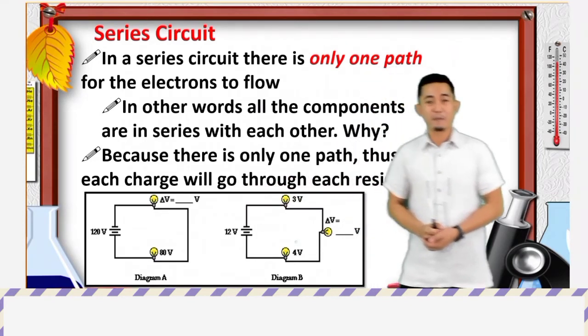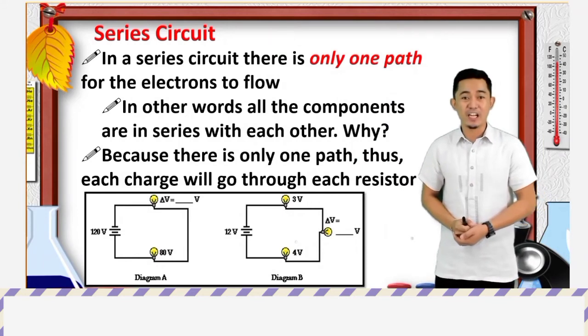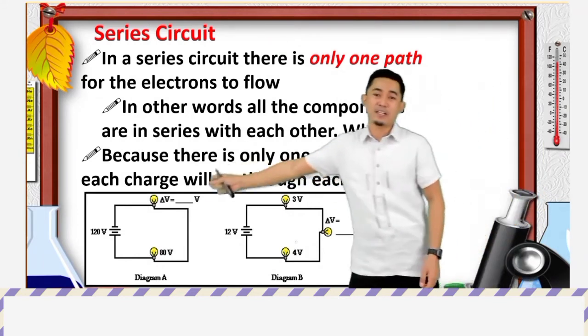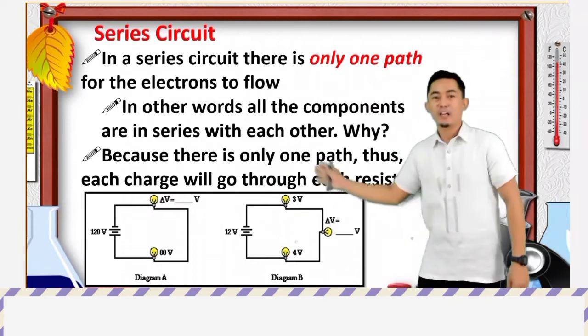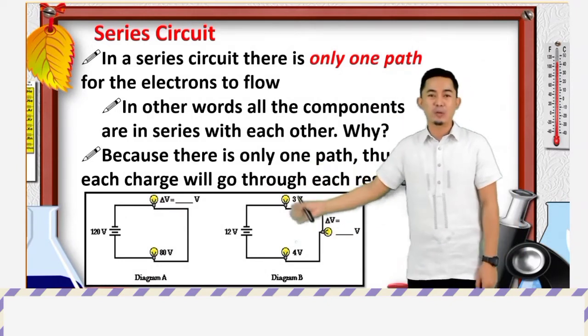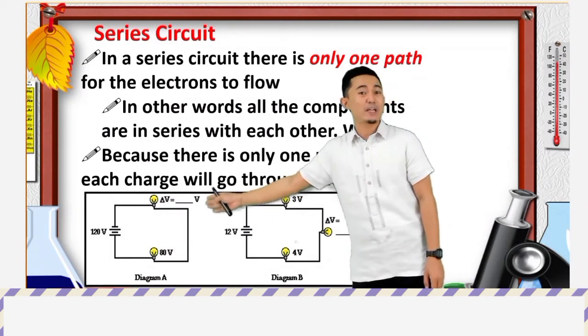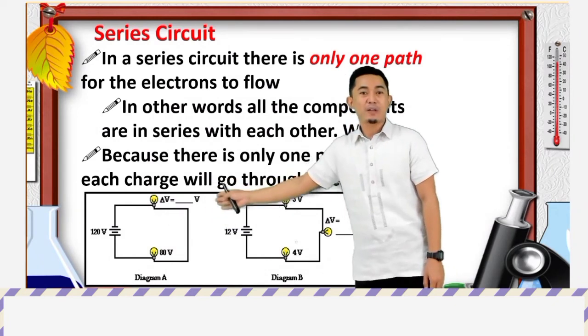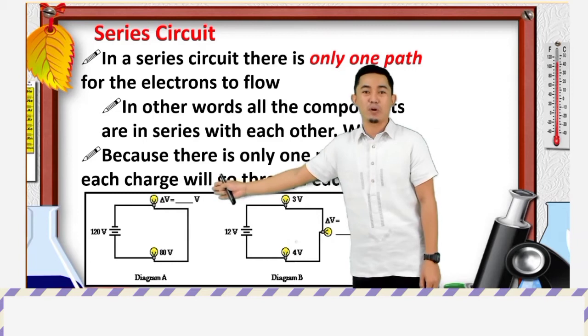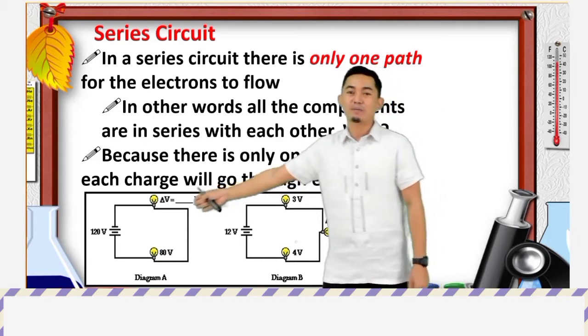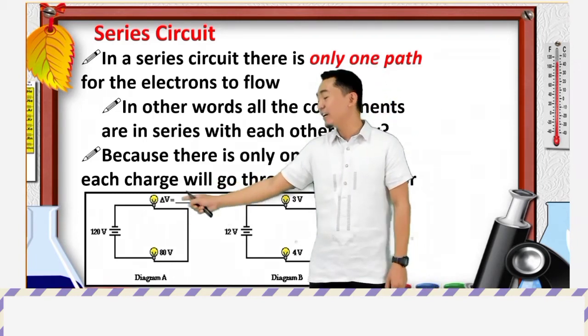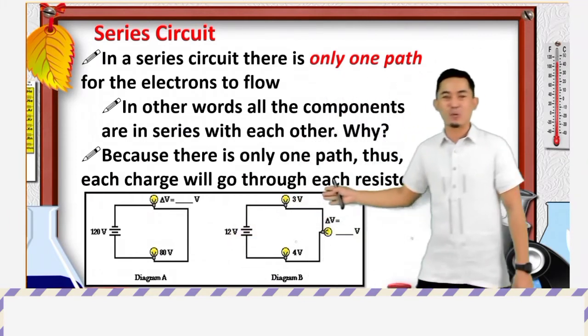All in all, that is 40 for this part. In order to get the total of 120, 80 volts plus 40 volts should be 120 volts.